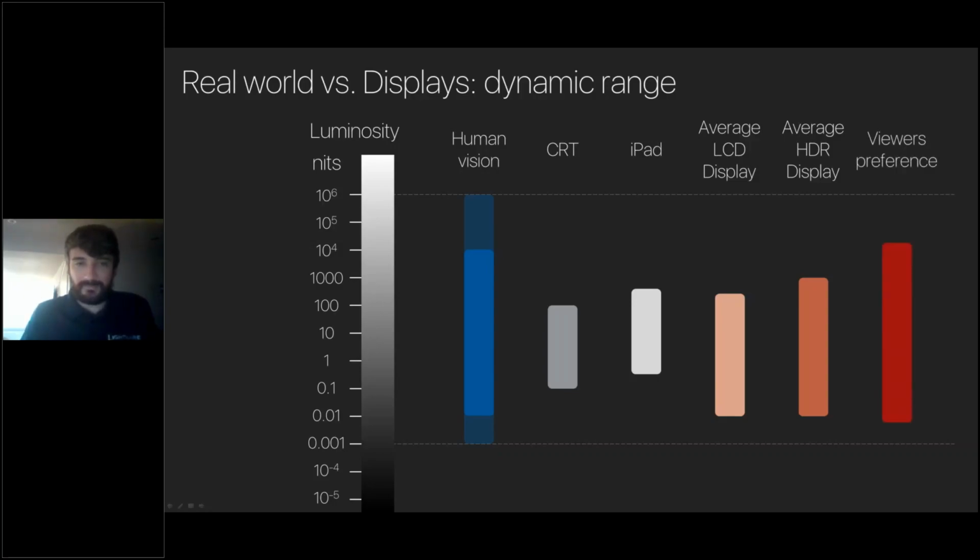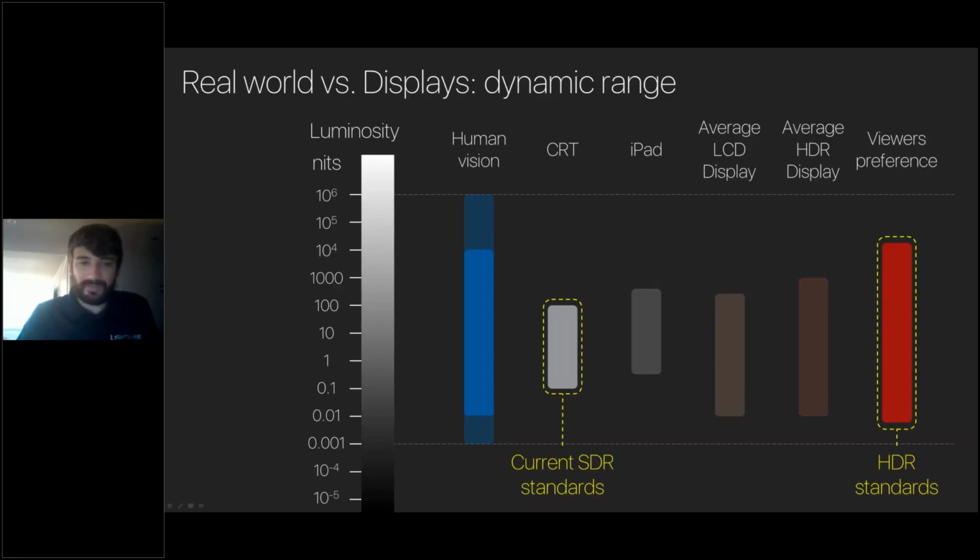If we look at the viewer's preference and what the people who are working on HDR are working towards, we have a dynamic range that can go up to 10,000 nits. The problem with the current SDR standards is that they were developed with the brightness and capabilities of CRT displays in mind.